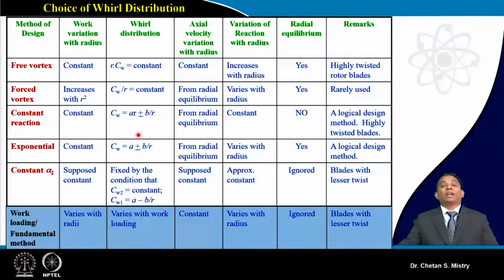Basically we are calculating that based on our fundamental understanding of aerodynamic work and thermodynamic work. We assume our axial velocity to be constant. The degree of reaction varies all the way from hub to tip, and in this case also we are ignoring radial equilibrium. Now the blades we get have less twist.